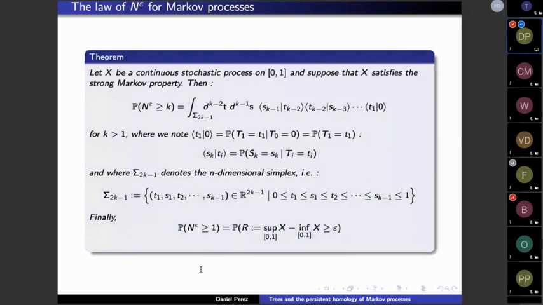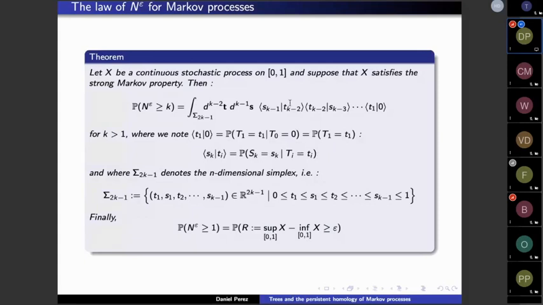So now if we actually do the computation, we can calculate this as follows. If now we have X, a continuous stochastic process on [0,1], and we suppose that X satisfies the strong Markov property, then we can write an analogous formula to what Chazal and Divol found in their paper, except now it's a little bit more complicated because we have these densities of these stopping times, which are depicted here.